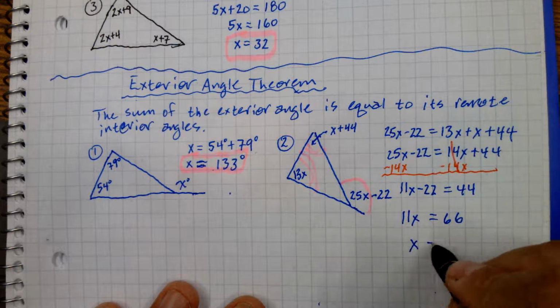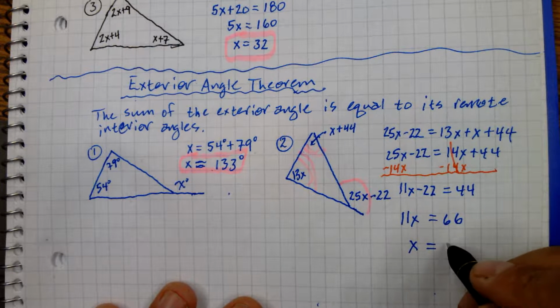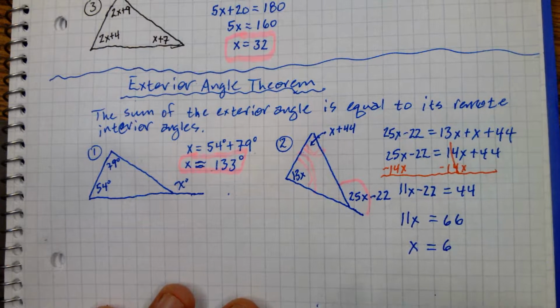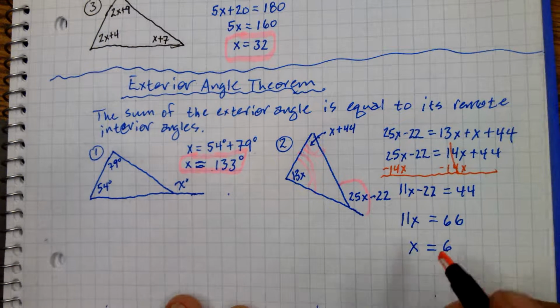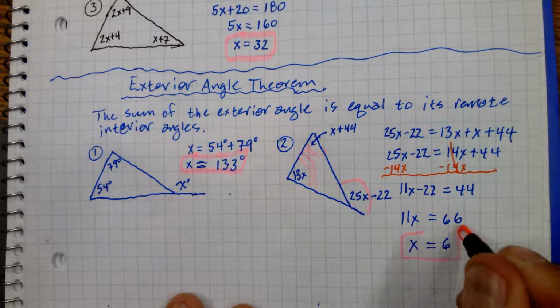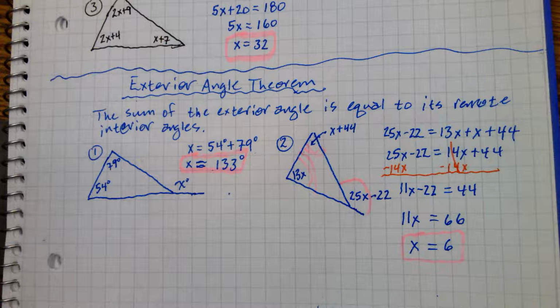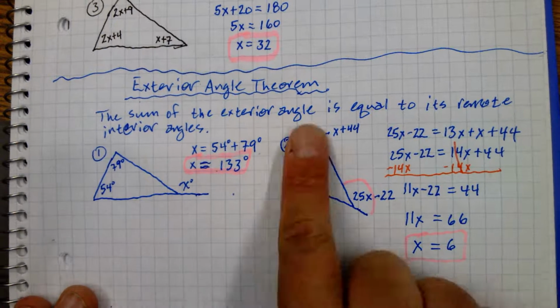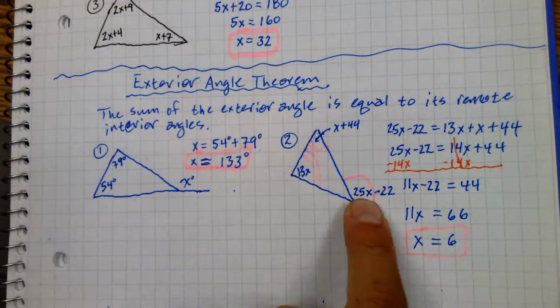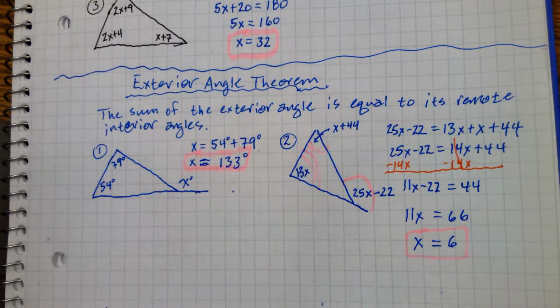So x has to equal 6. Okay. And so that's about as hard as they get on this stuff. Any questions? So you'll have questions on triangle sum where they add up to 180, and then you have questions on exterior angles where the outside angle equals the sum of the inside angles, or two remote interior inside angles. Okay?